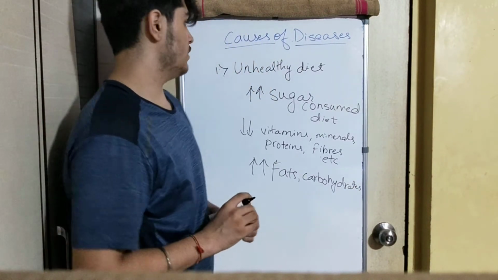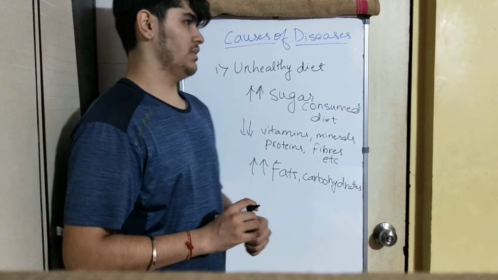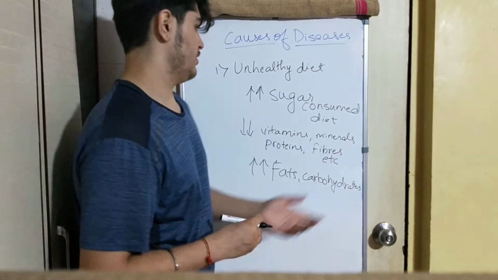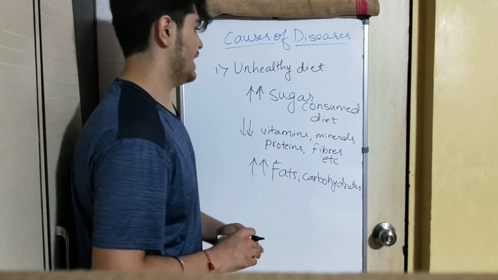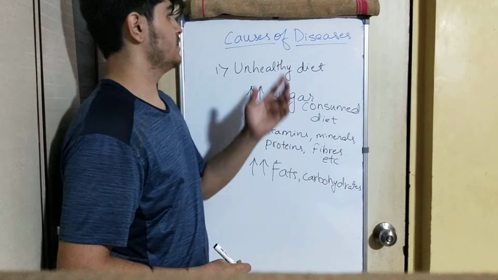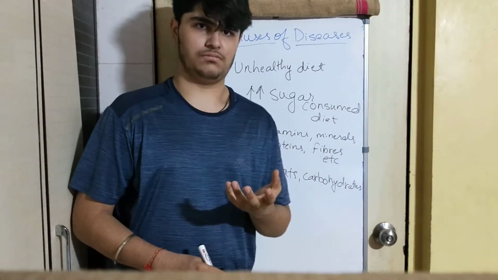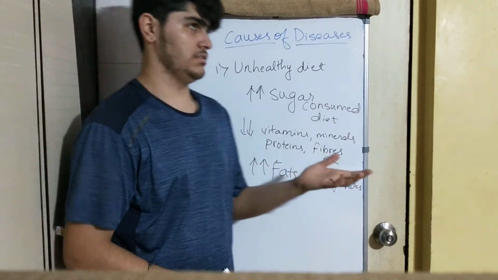Actually, the unhealthy diet is very common in every human being. They eat Frankie, burger, vada pav, and everything. So that's the main reason for this causing intake of disease or having of disease.